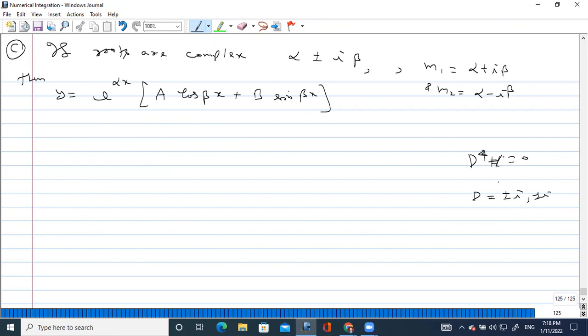No, it will be different. But there may be some other example which will have these roots repeated. So we can write here, if roots alpha plus minus i beta are repeated twice.